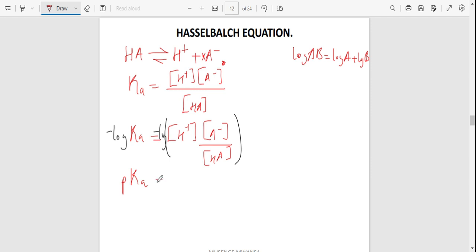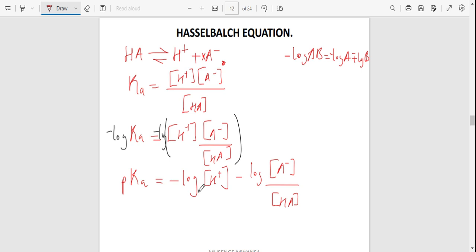So I'm going to have this being equal to negative log of H plus. Now, because this log is negative, it means that these two are all going to carry negative. So this is going to be negative log of A minus divided by HA.